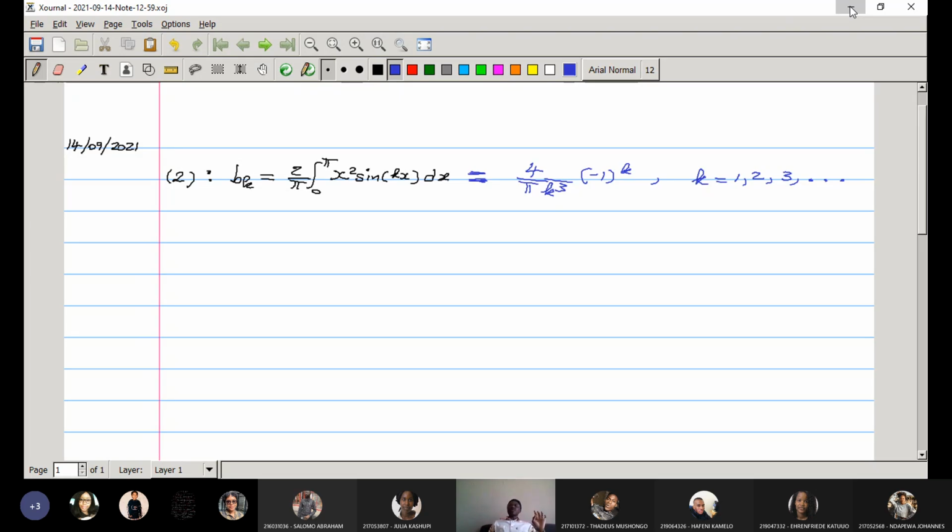So the AKs will be non-zero and all the BKs will be 0. If the function is neither odd nor even, both AKs and BKs will be non-zero. It has to be clear, and these are the things you need to remember.